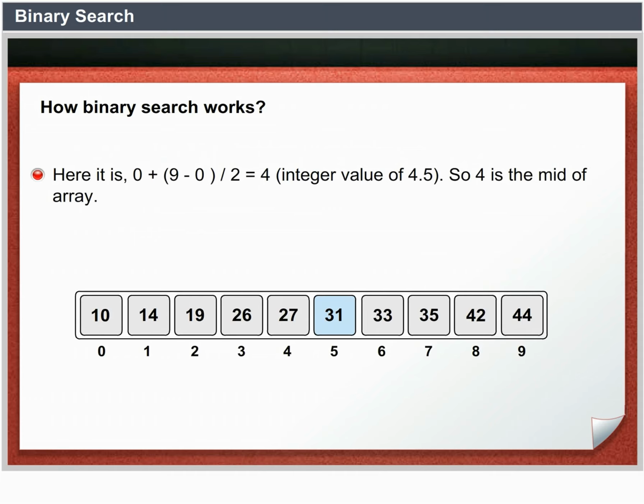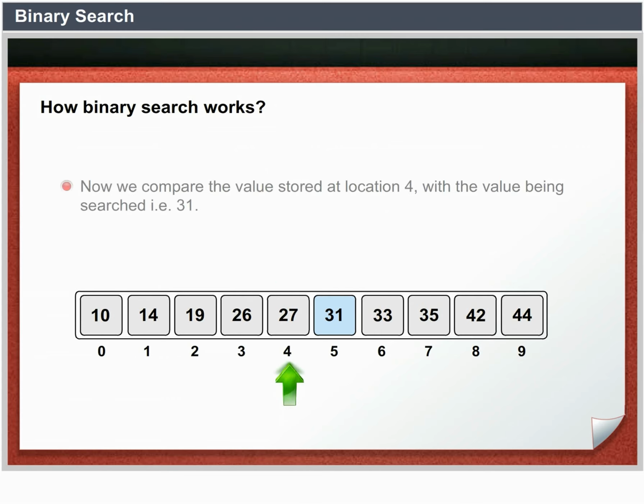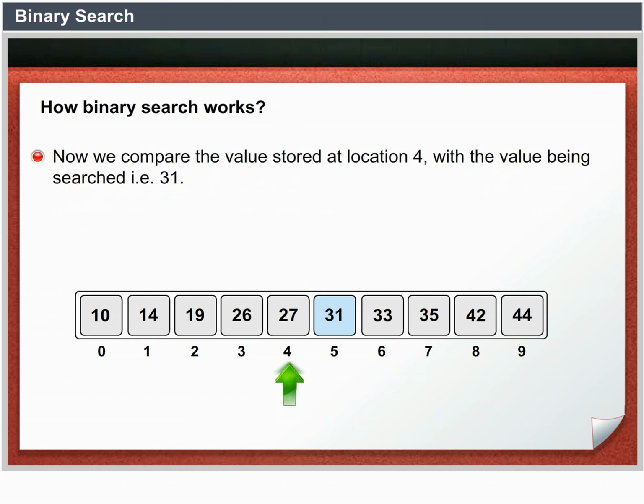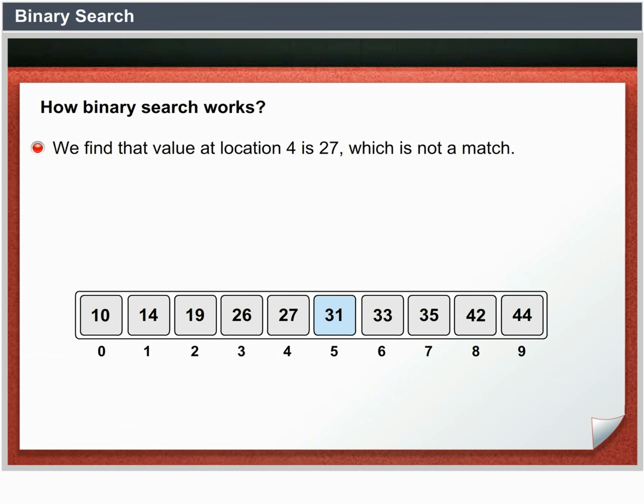Here it is 0 + (9 − 0) / 2 = 4, the integer value of 4.5. So 4 is the mid of the array. Now we compare the value stored at location 4 with the value being searched, that is 31. We find that the value at location 4 is 27, which is not a match.